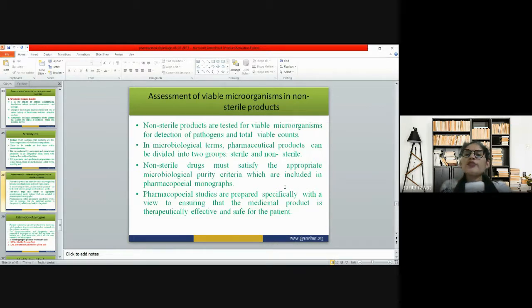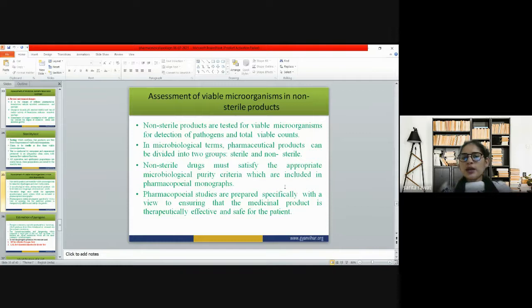Now, assessment of viable microorganisms in non-sterilized products. Non-sterilized products are tested for viable microorganisms for detection of pathogens and total viable count.